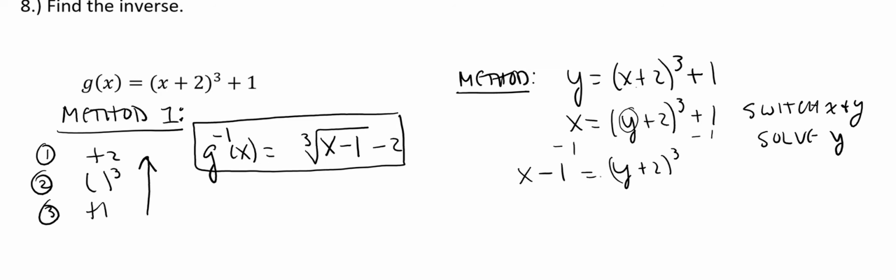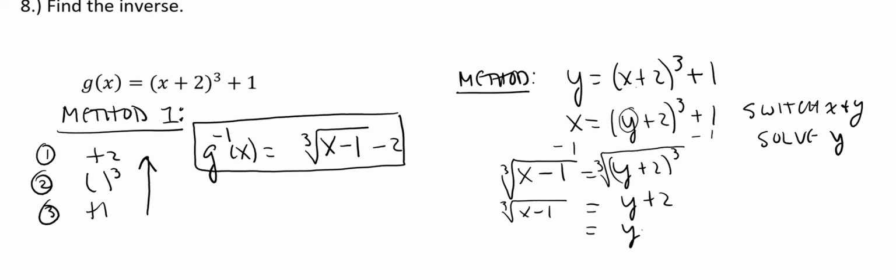Then I want to take the cube root. And then remember, if I do it to that side, I have to do it to the other side. So then this ends up giving me y plus 2, and that's the cube root of x minus 1. And then I want to get y by itself.